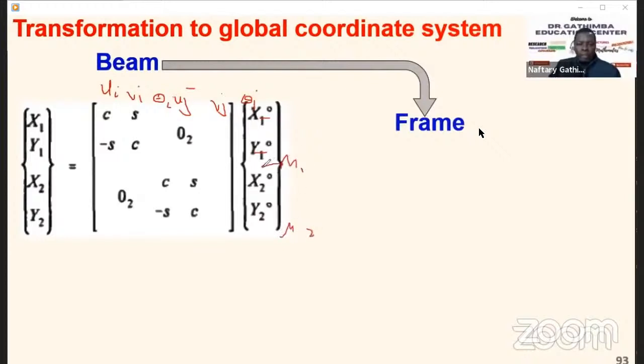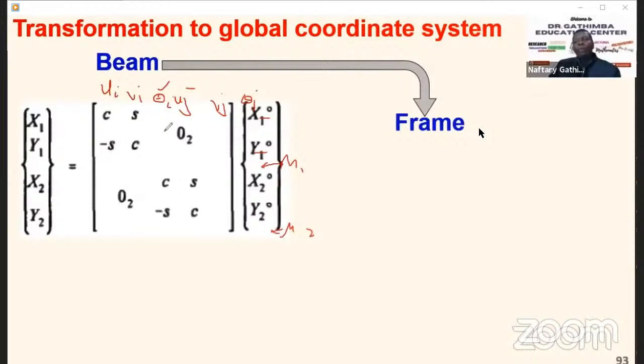This one will be inserted here, right? And bearing that in mind, it means we need to augment or expand our transformation matrix to incorporate the effect of rotation, brought about by the moment we develop.